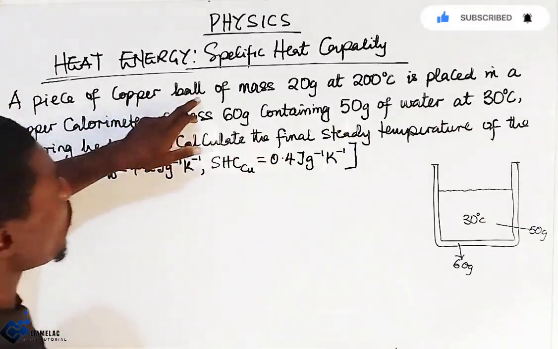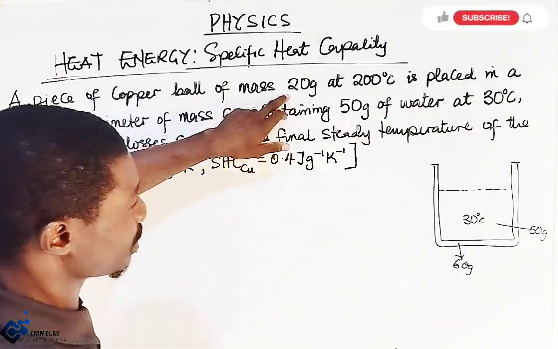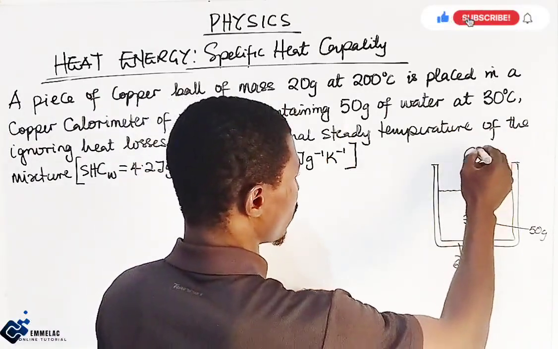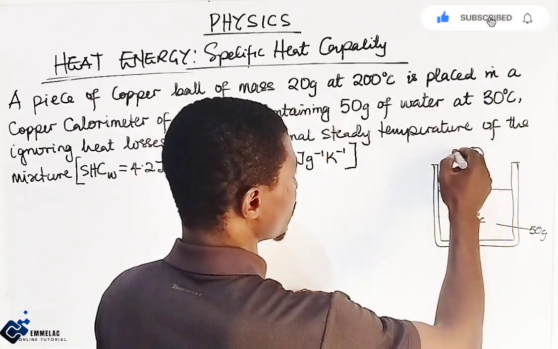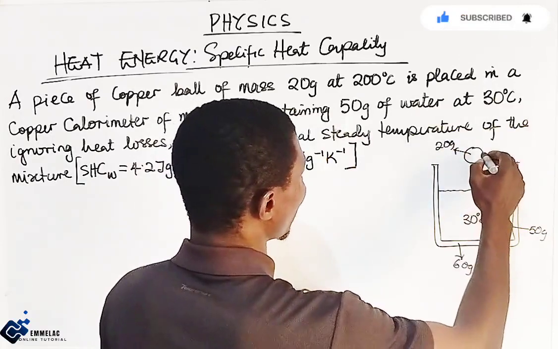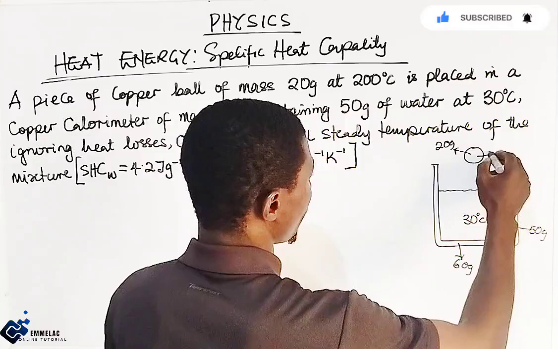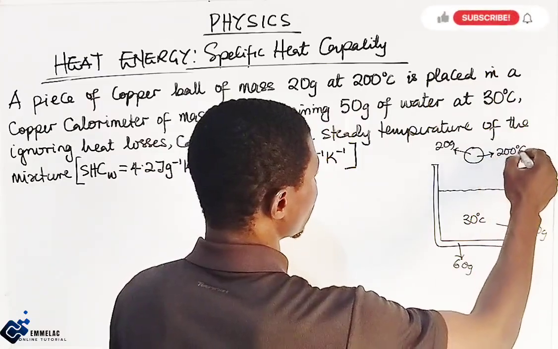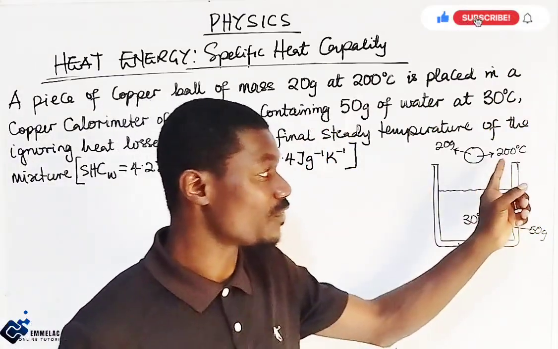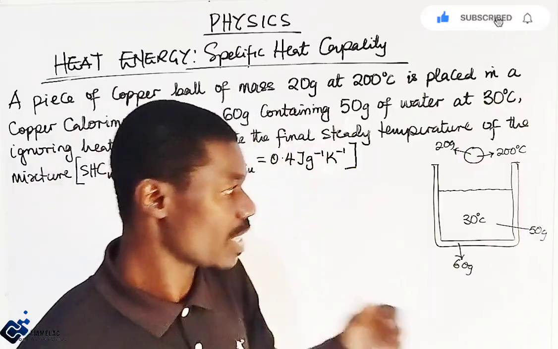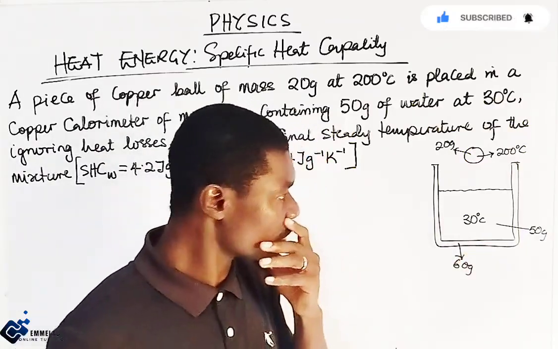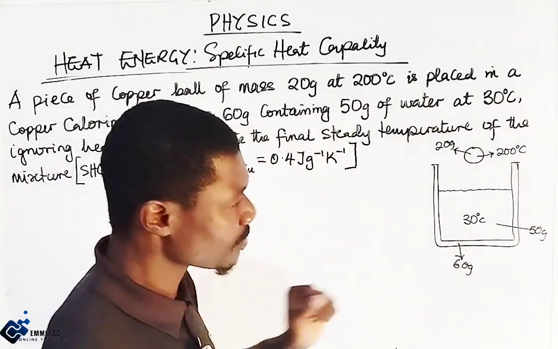Now a piece of copper ball of mass, this is the copper ball, let's say this is mass 20 gram, and the temperature is 200 degrees Celsius. You can see that this one is very hot, and this one is just at room temperature. Now look at this.